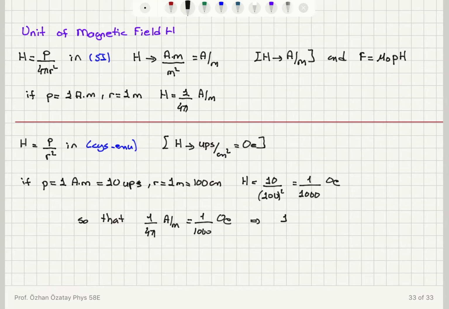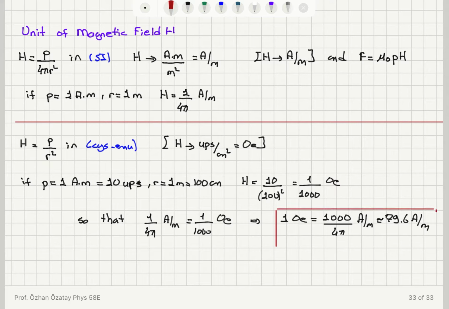Therefore, we find that 1 Oersted is 1000 divided by 4 pi ampere per meter, which is roughly 79.6 ampere per meter. So this is how I convert the magnetic field between SI and CGS EMU units.